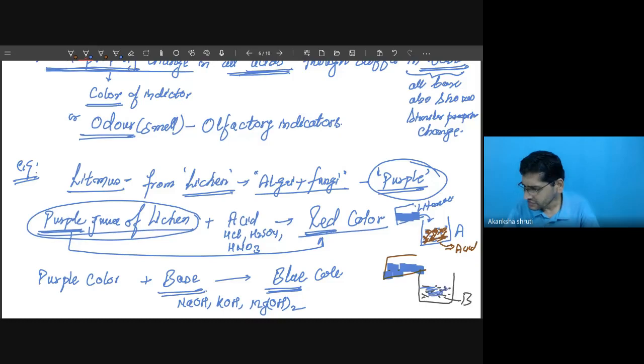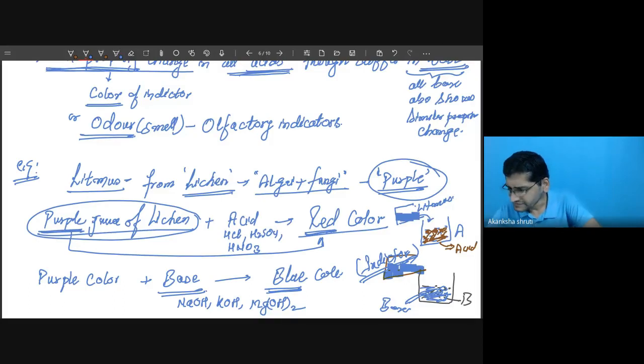If the change is to blue, it indicates that it contains a base. So this is the job of this indicator. The indicator itself is a chemical, but its color has changed from purple to either red or blue.